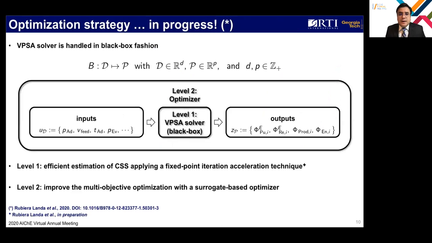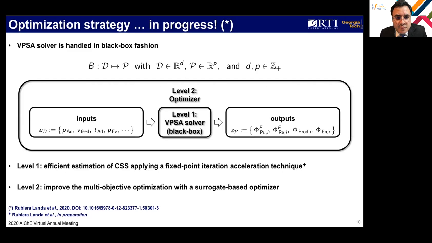And with that said, let me just comment briefly, because it's still work that we are carrying out, regarding the optimization strategy for the cycle configurations that I mentioned earlier. We apply a strategy that we also reported earlier this year, which basically consists of treating the solver as a black box, which is the same strategy that we would apply if we were to use other types of stochastic algorithms or genetic algorithms for that matter, which have been used also for this type of separation process.